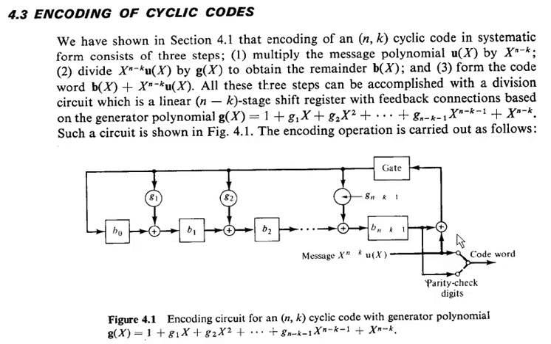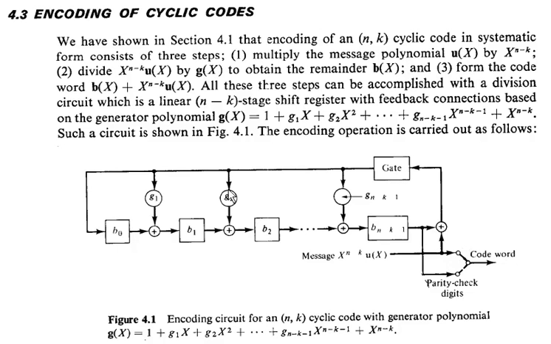So we can see the working principle of this encoding circuit. If we give the message signal to this feedback circuit, that process is equivalent to multiplying the message polynomial by x raised to n minus k. At the same time we are giving that message to the communication channel also.